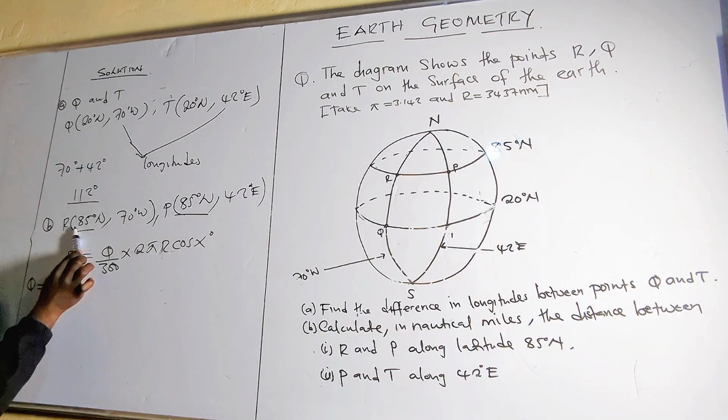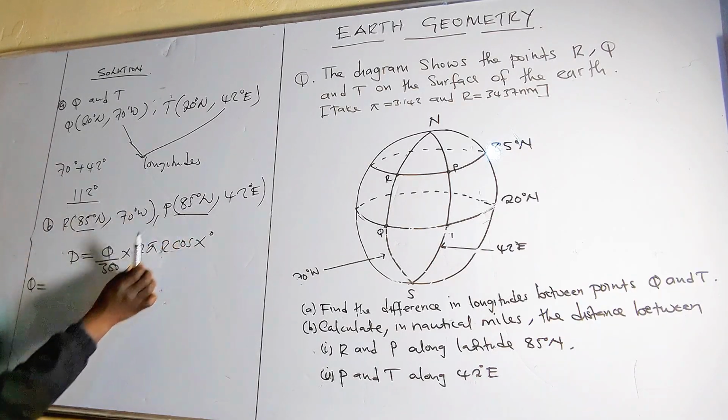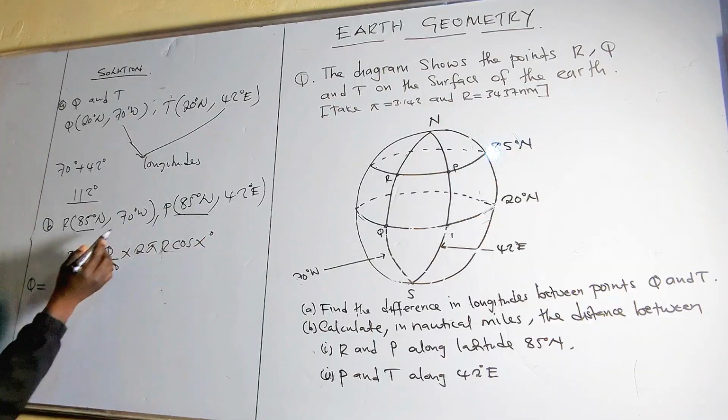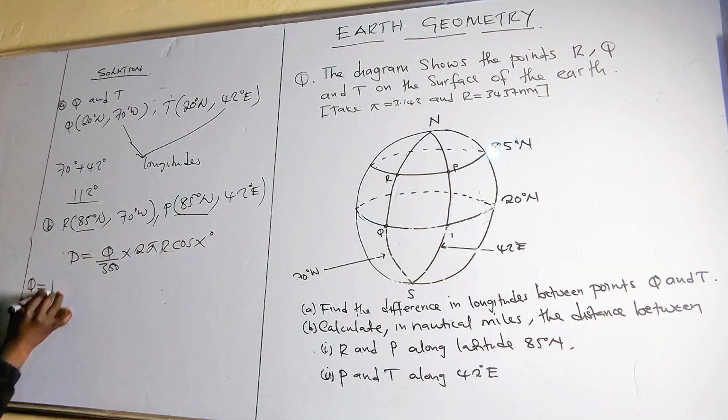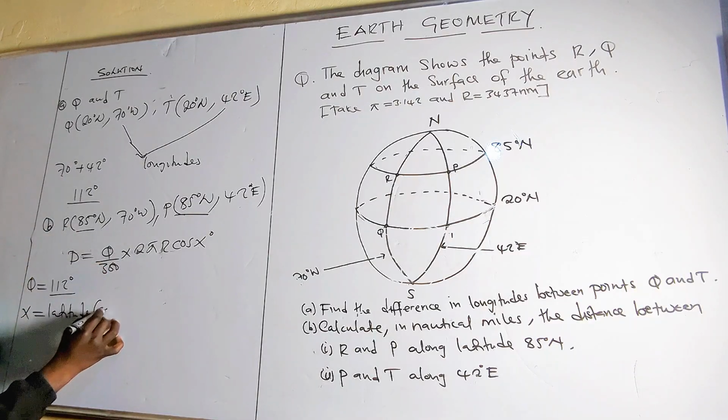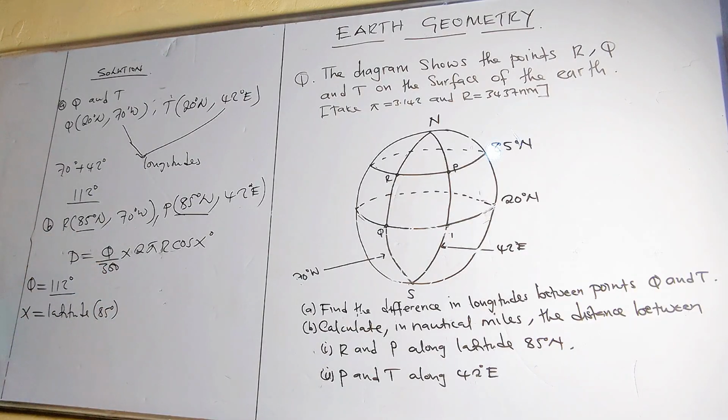When you're calculating the distance along the circle of latitude, theta is the difference in longitudes. So it is 70 plus 42, which is 112 degrees. That is our theta. Then what about this x? The x is just simply the latitude, which is 85 degrees.